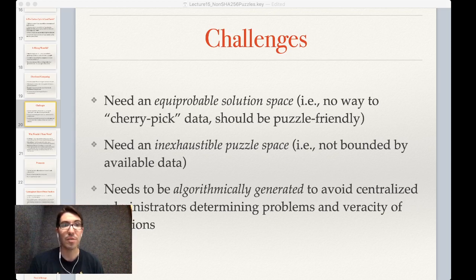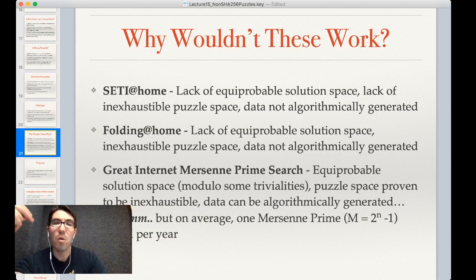So just looking at the specific examples here, SETI at home, well, there's definitely a lack of equiprobable solution space. We know that if you're not looking at a particular star, then you're much less likely to find any sort of alien signal or something that would be valuable. It's a lack of inexhaustible puzzle space.